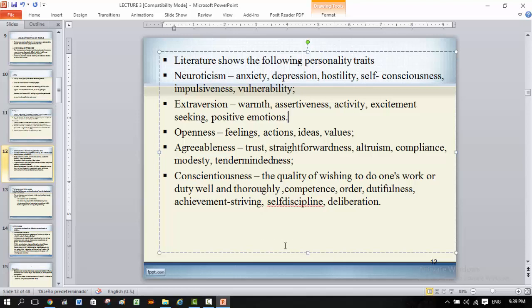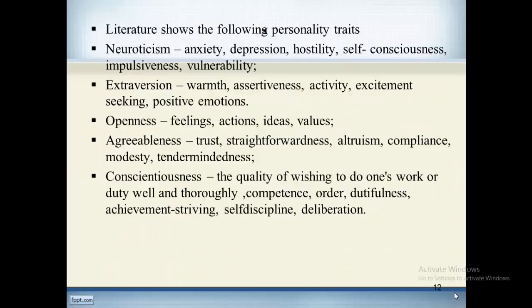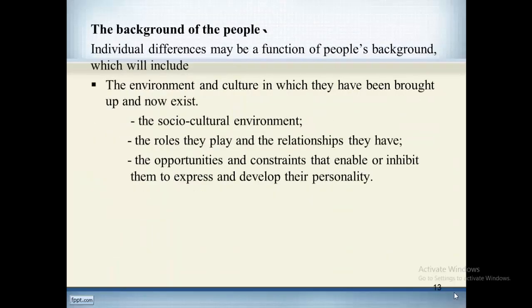Similarly, conscientiousness is another type, and background is another factor that determines individual difference. People differ in their family background.